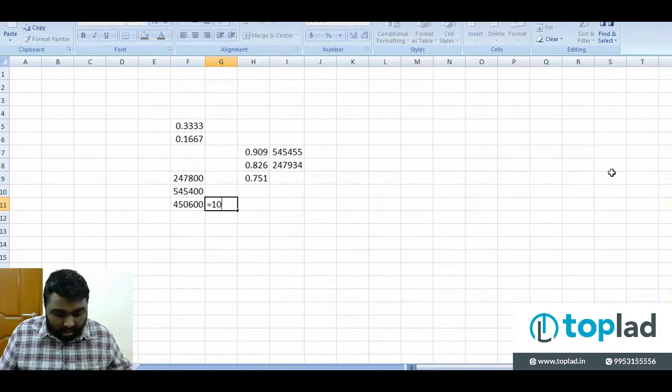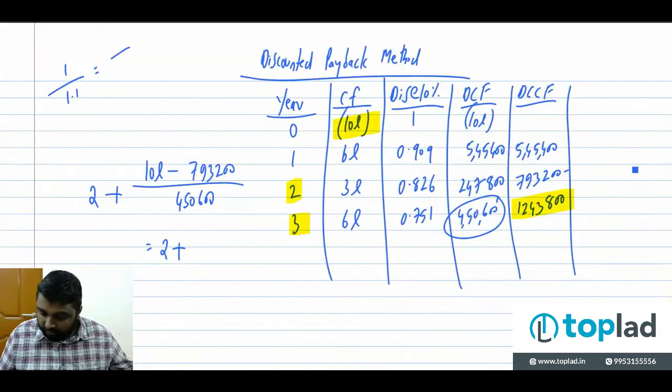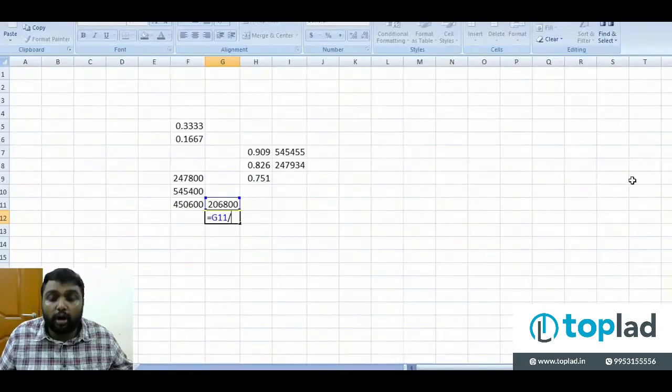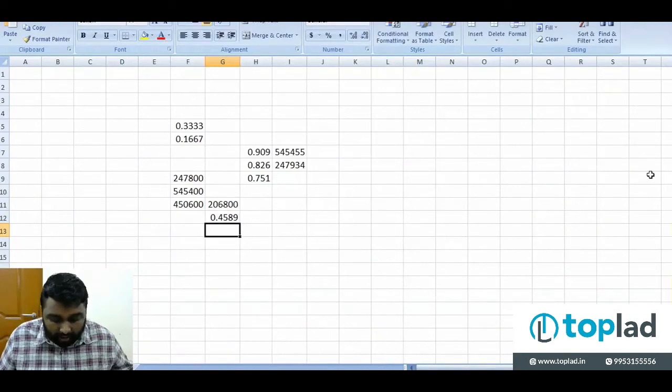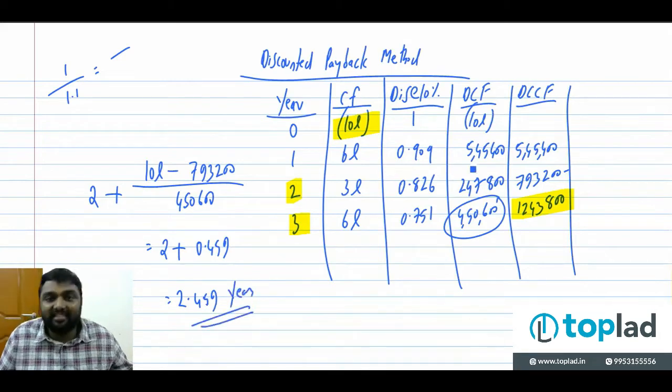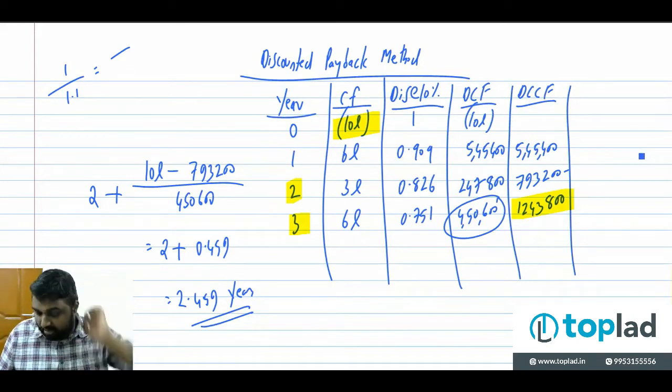So 10 lakh minus 7,93,200, divided by 4,50,600, we will get 0.459. So 2.459 years. So this will be the discounted payback.